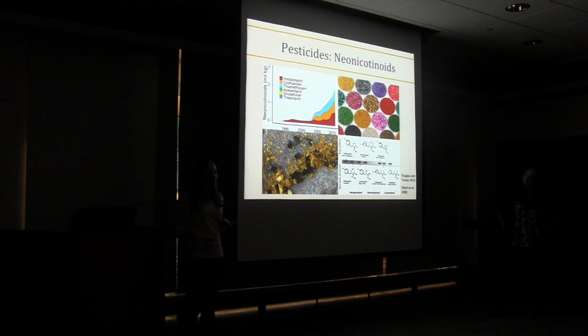So we're going to briefly talk about 2 of these and then focus on the latter 2. So quickly, pesticides. When we talk about bees, the main one that we talk about is neonicotinoids. This was a pesticide that initially started to be used because it was determined to be safer for animals. However, what we're finding is that they are having a huge impact on pollinators because they're systemic pesticides.